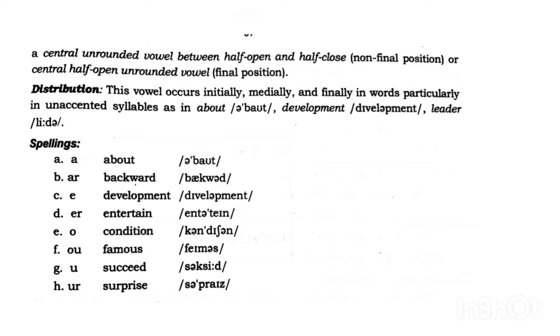Surprise: u and r, these twin letters give out the vowel sound ə. We all tend to pronounce it as surprise, I say it, you say it, but it is not that; it is surprise. And here r is again silent.